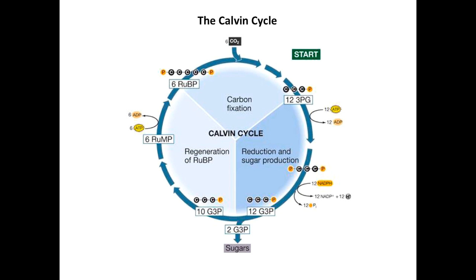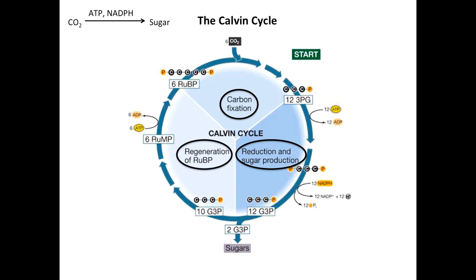The Calvin cycle consists of a series of reactions that reduce carbon dioxide to produce carbohydrates. The cycle consists of three steps: carbon fixation, reduction and sugar production, and regeneration of the CO2 acceptor molecule ribulose 1,5-bisphosphate, or RuBP.